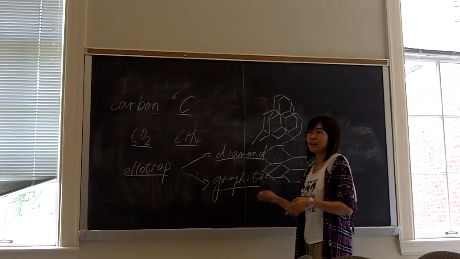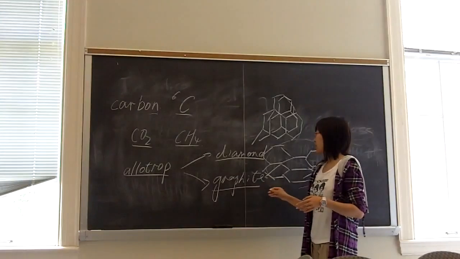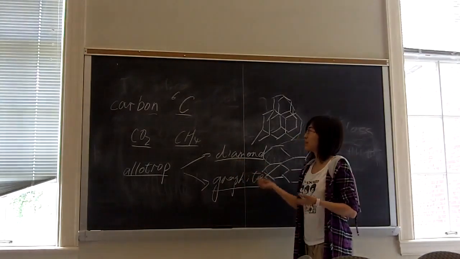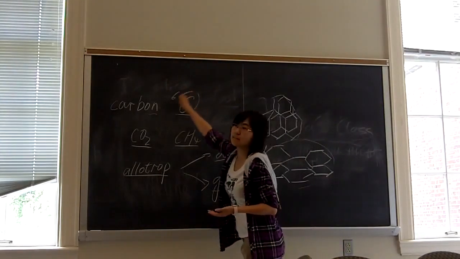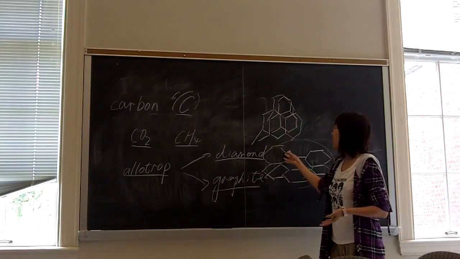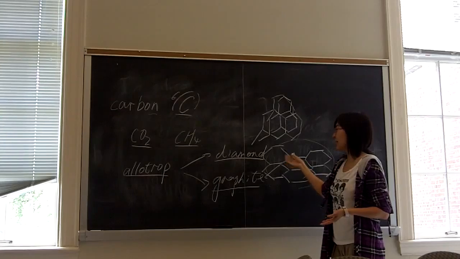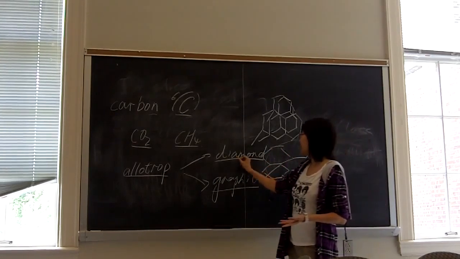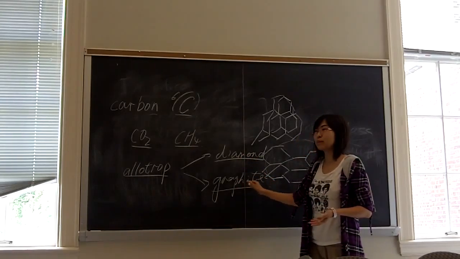It can be used to write. So in this case, these two materials have the same composition, all carbon. But because of the different chemical structure, the chemical and physical characteristics of these two materials are totally different. One is very hard and the other is very soft.